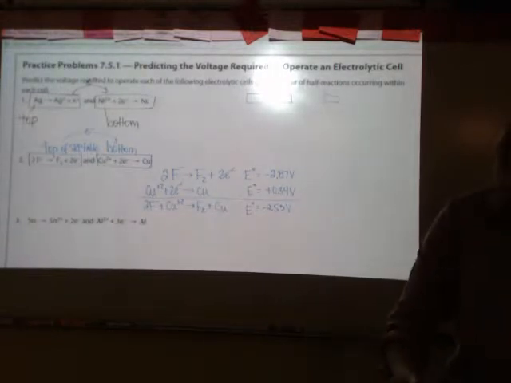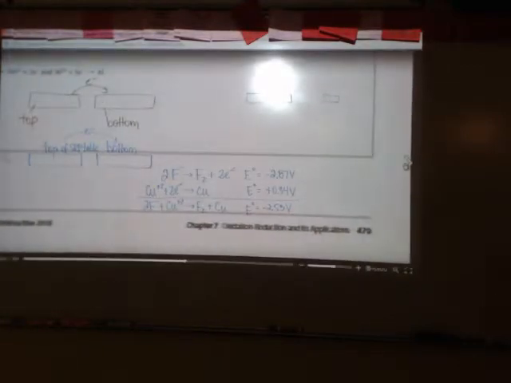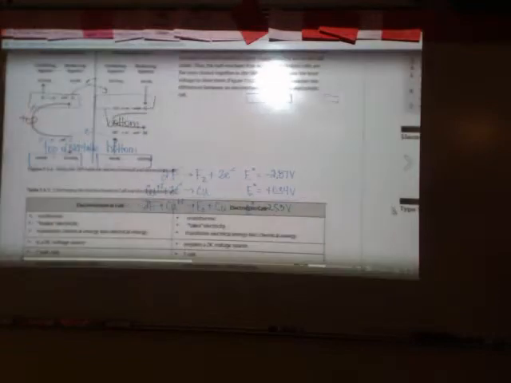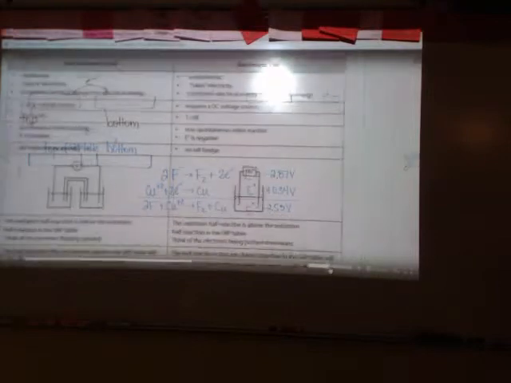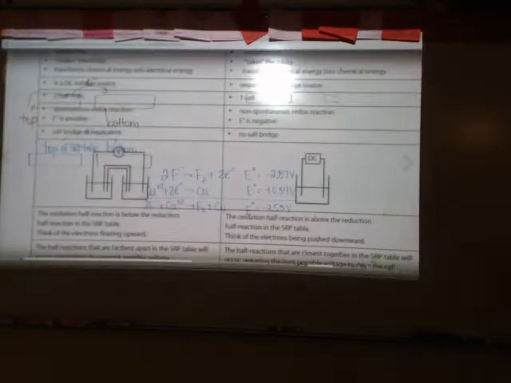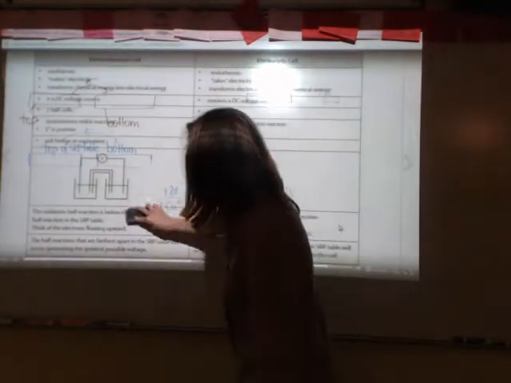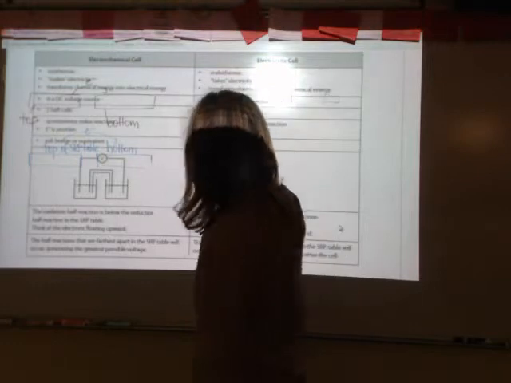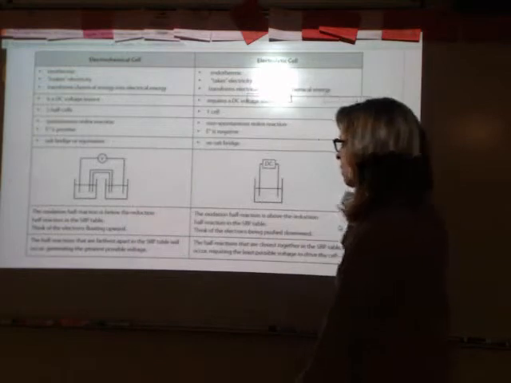So I'm just going to summarize electrochemical and electrolytic cells after this. I'm not going to read through this little paragraph here on comparing electrochemical and electrolytic cells. I'm just going to go straight to the table because it does a really good job of reviewing the differences, okay? So here, with electrochemical cells, which is what we talked about yesterday, they are exothermic and they make electricity.